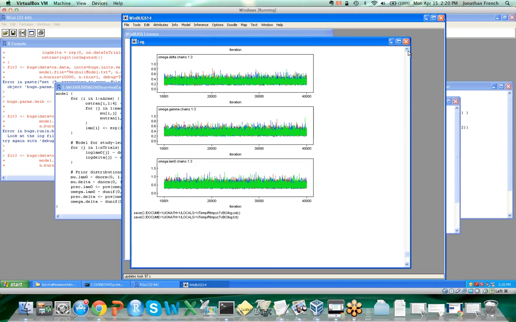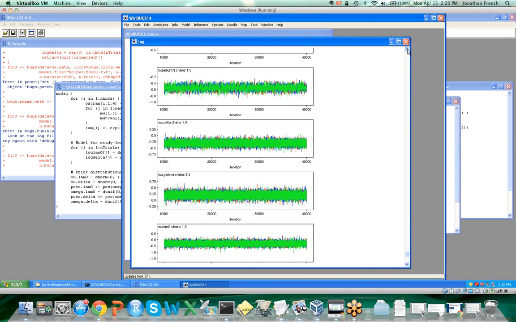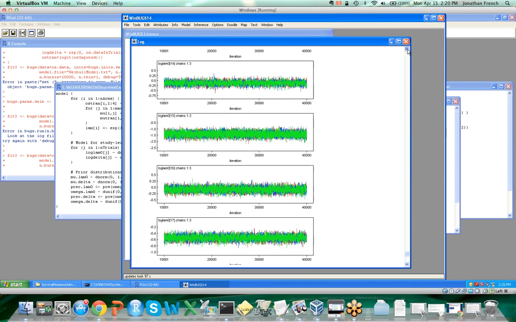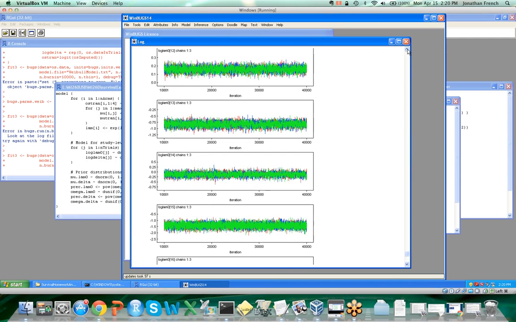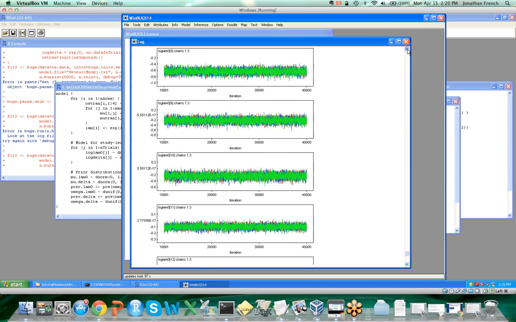So we're seeing that the chains are all sampling in the same space. That means we've run our model to a good burn-in because these are essentially horizontal. They're not showing any clear trends over time. If that was the case, then we would think that we hadn't quite gotten to that steady state place where we need to be to sample from the posterior.